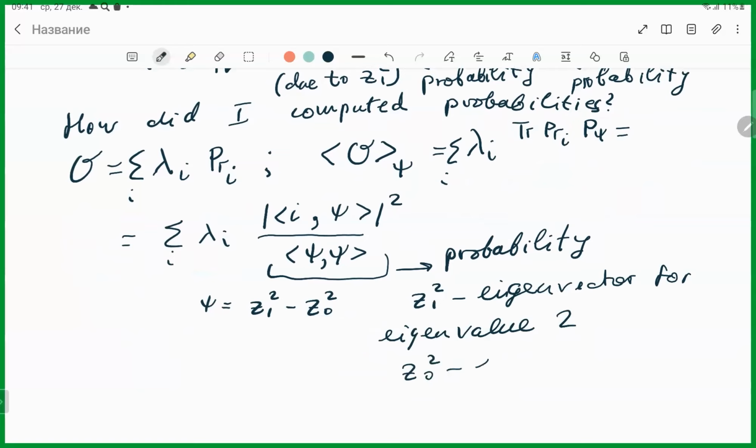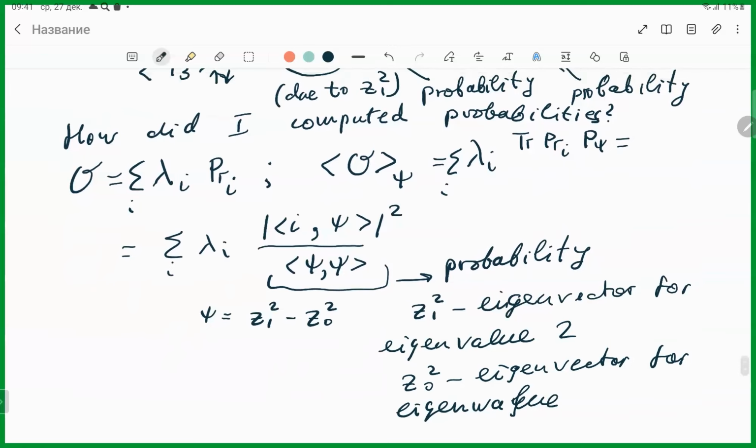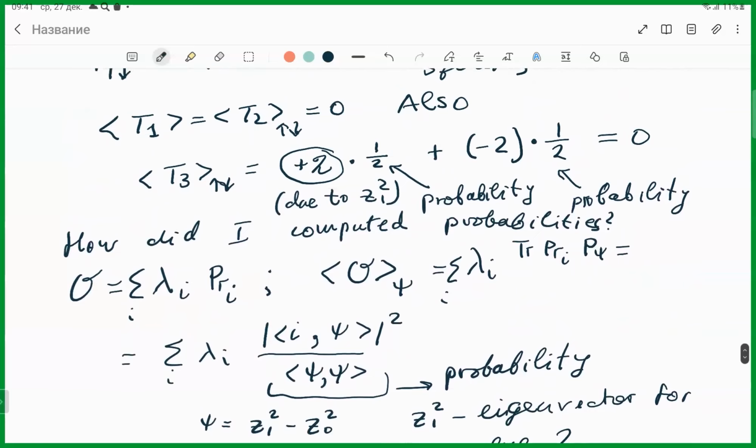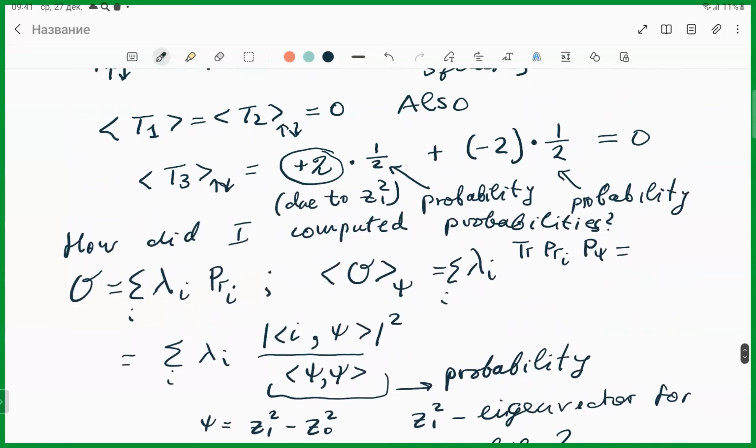Z0 square is the eigenvector for eigenvalue, so sorry, it was T3, and once I misprinted the value here. It would not change the answer, but I prefer all numbers to be correct.